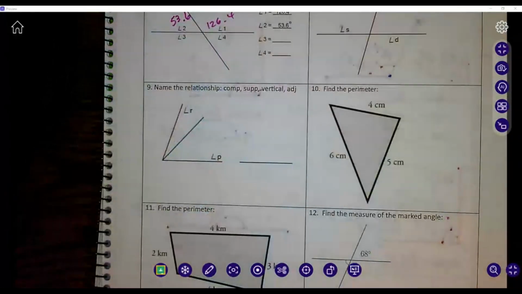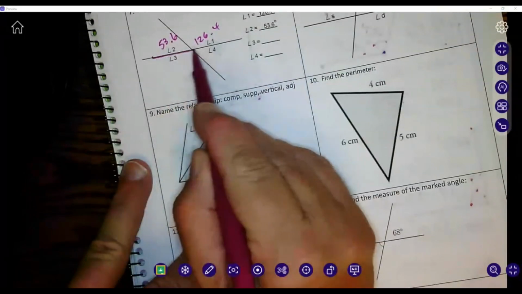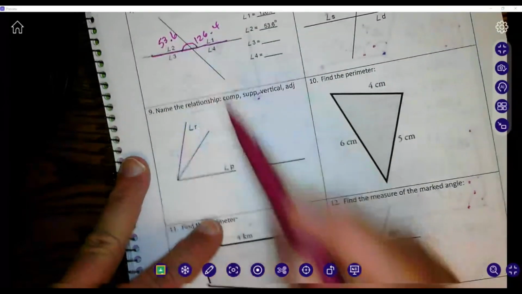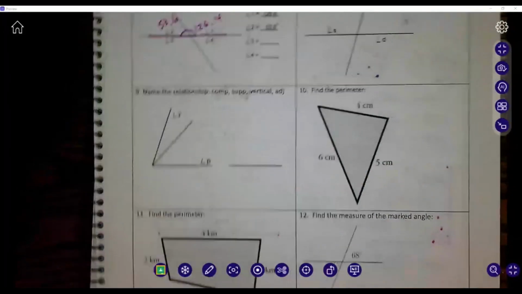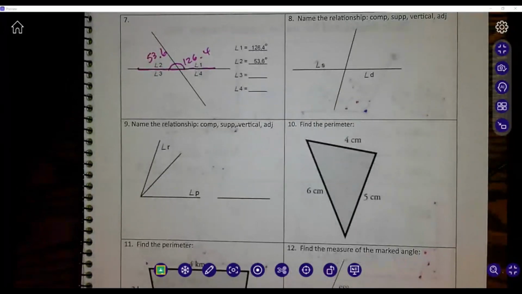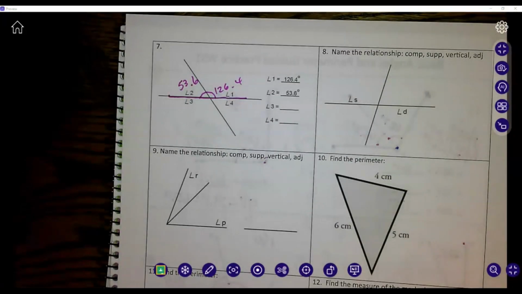And 53.6 and 126.4 do add up to 180 degrees, which they better, because they form a straight line. So you tell me, what is angle 3 and what is angle 4? Tell me what those angles are.